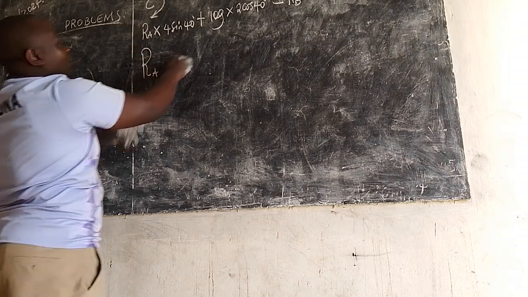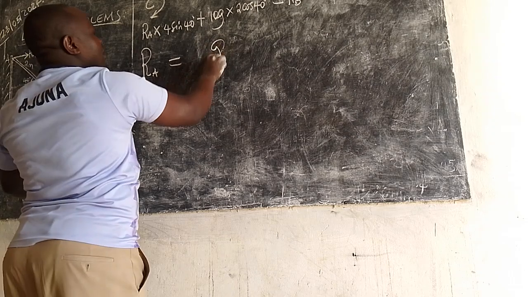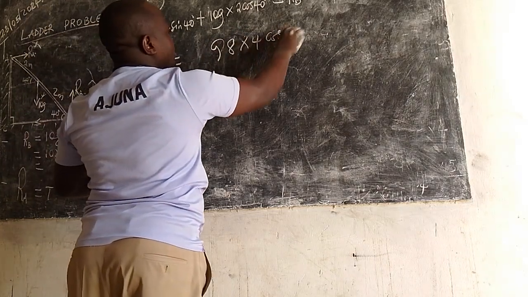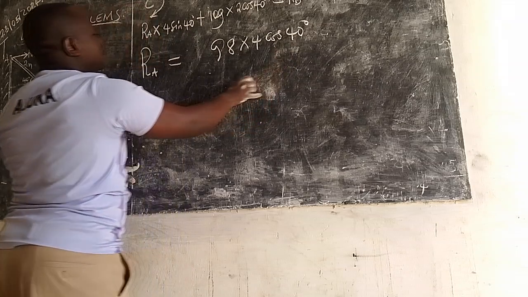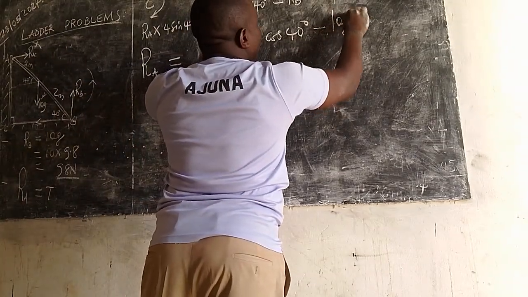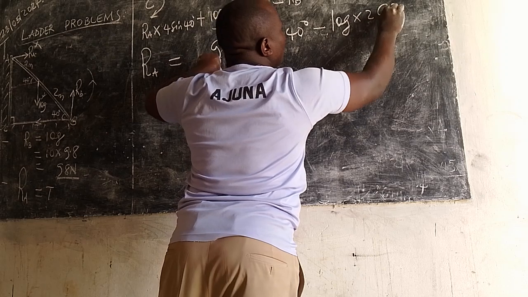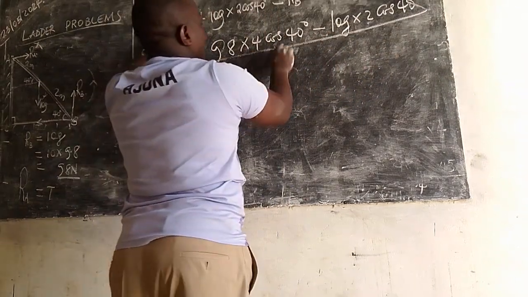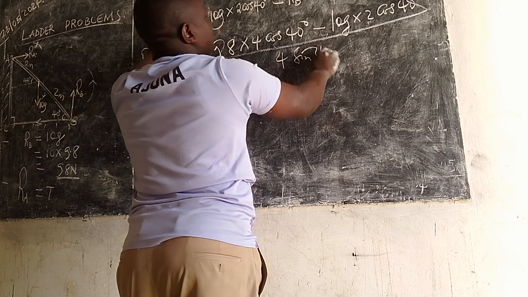RA is equal to RB, which is 98, times 4 cos 40 degrees, yes? Then minus 10g times 2 cos 40, over 4 sin 40.